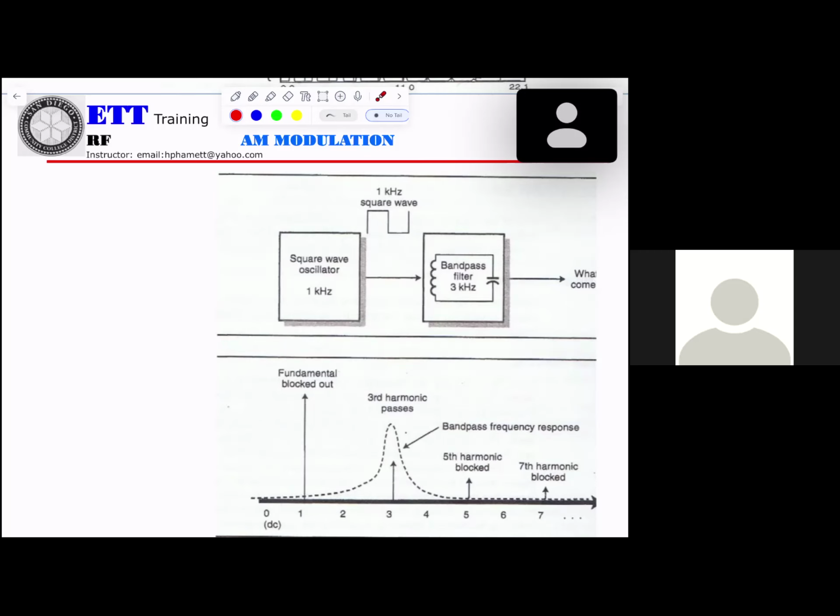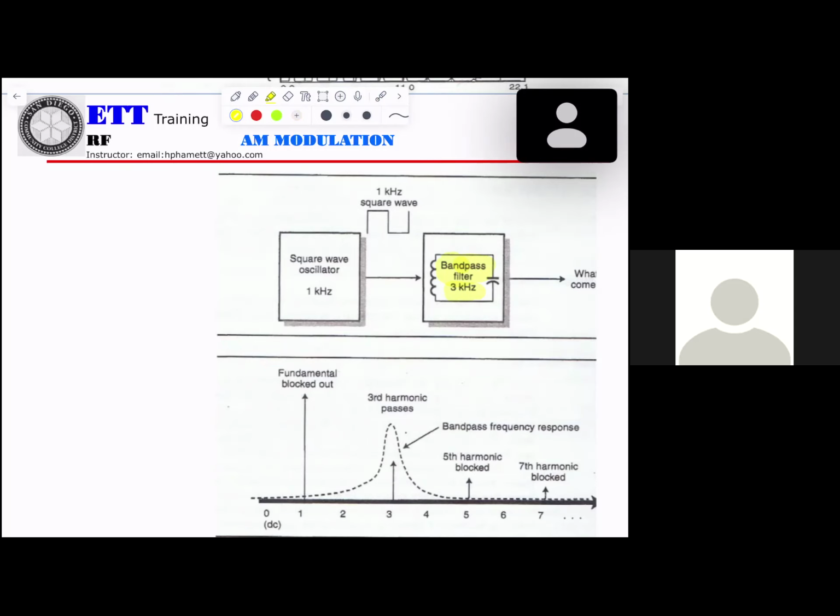And if it goes to a band pass filter, how does a band pass filter work? Who knows? It passes frequencies in a specific range and blocks all the other ones.